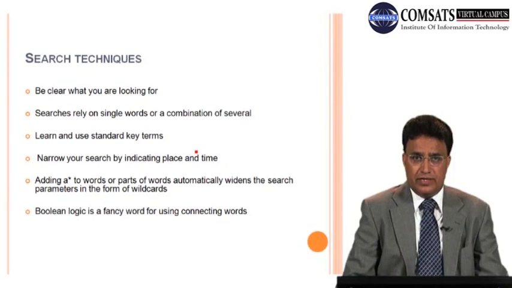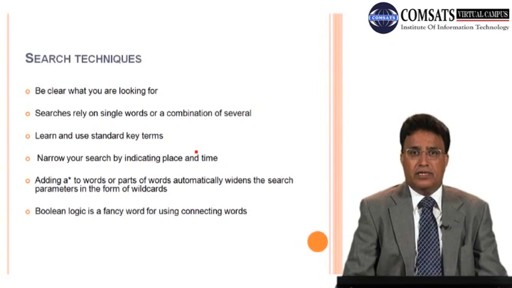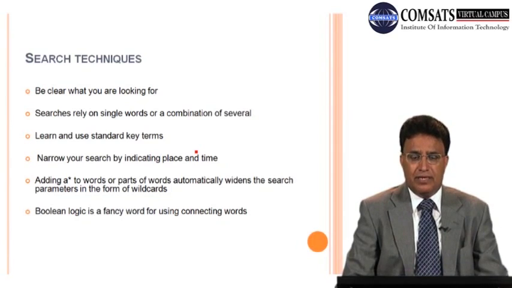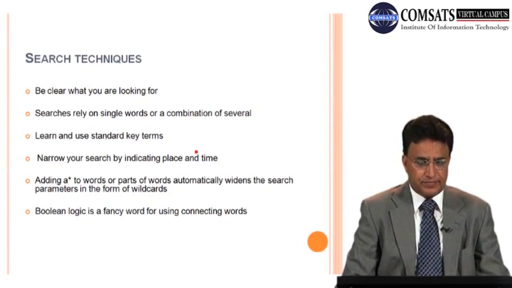If you don't narrow down, then it will be too broad, and most of the information may be vague or irrelevant to your need. It won't be so beneficial. So to make it specific, one way is by narrowing it down using the time and the place.